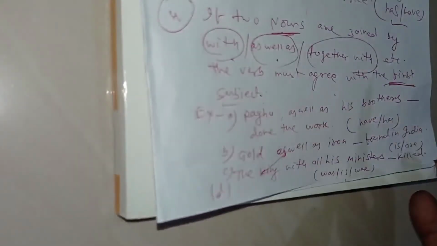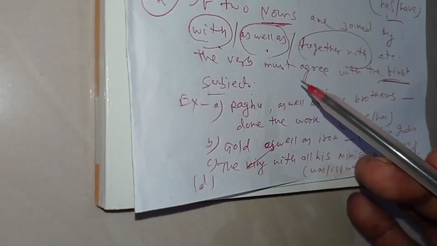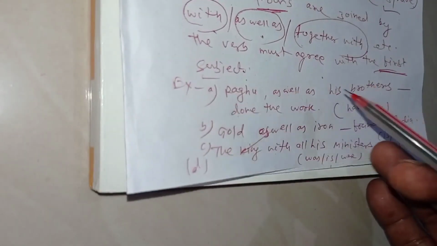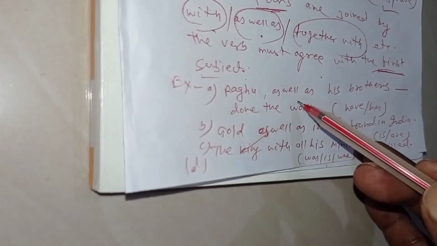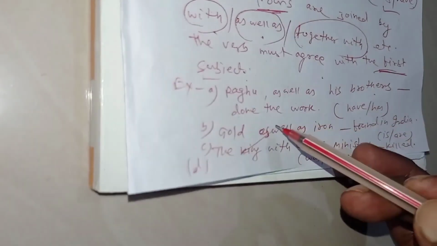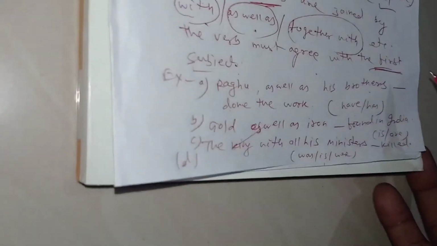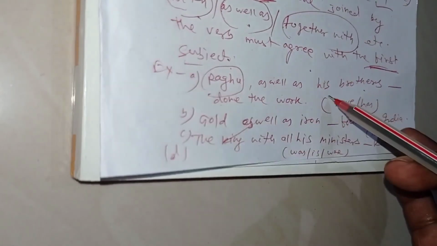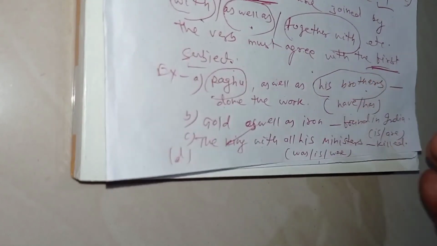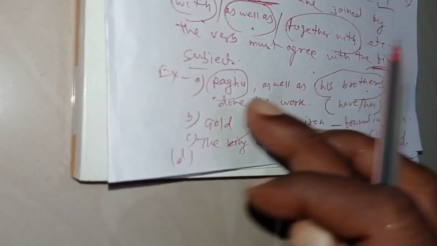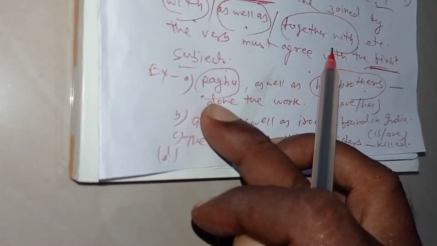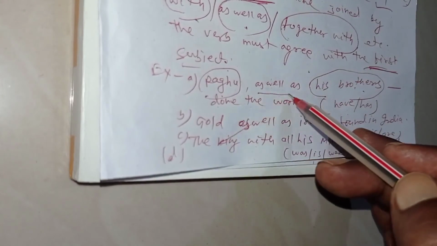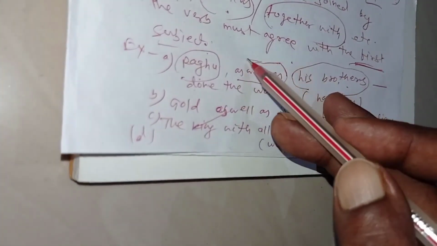First subject, you remember. And you also look at the sentences. Number A, for example: Raghu as well as his brothers dash done the work. Here there are two nouns, one is Raghu, another is his brothers. His brothers is plural, but Raghu is singular. But the first noun is Raghu, then these two nouns are linked by the conjunction as well as.